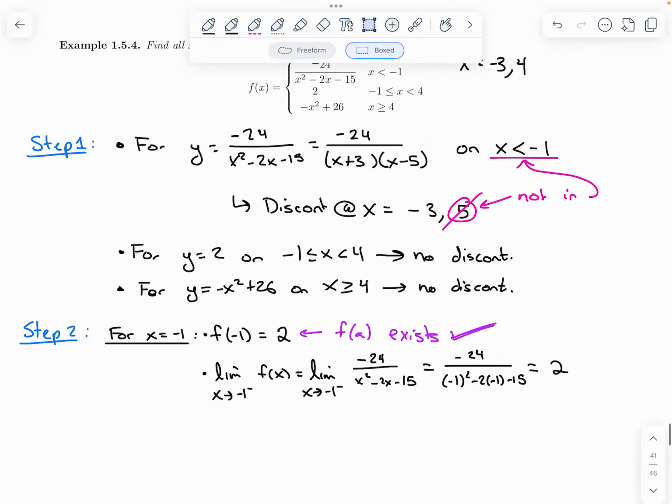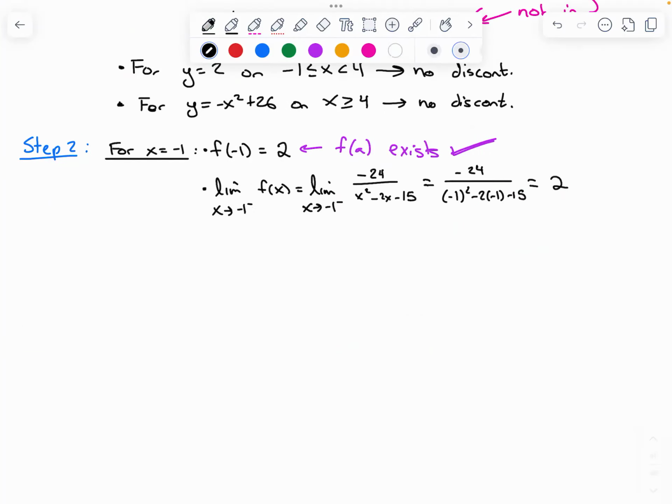Then we'll check the limit from the right-hand side. -1 from the right of f of x. In this case, it would be the limit as x approaches -1 from the right of 2. Because when you're approaching -1 from the right, you're talking about numbers that are slightly larger than -1, which puts us in the middle function. And the limit of a constant is just the constant itself.